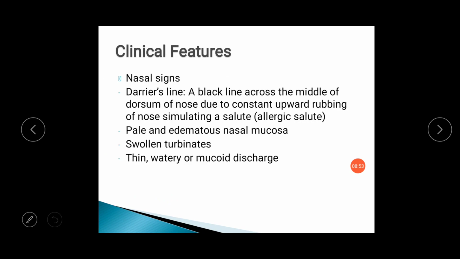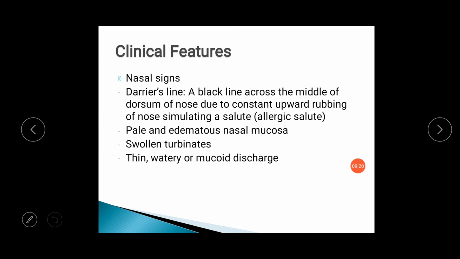Some of the clinical signs in the nasal cavity are Darier's line, also known as allergic salute, and other signs are pale and edematous mucosa, swollen turbinates, thin and watery mucoid discharge. So whenever we examine a patient with allergic rhinitis, patient's nasal mucosa is usually pale pink color and it is edematous.